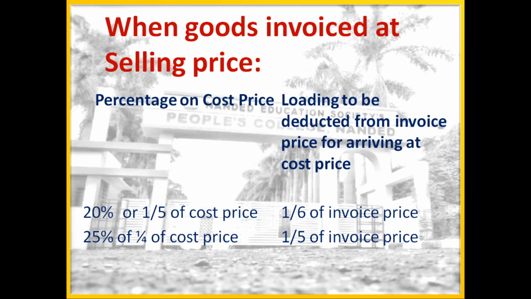The next part, when goods are invoiced at selling price. In order to maintain secrecy about branch profits, often goods are forwarded to the branch at selling price, since the branch staff will not know the real cost of the goods.